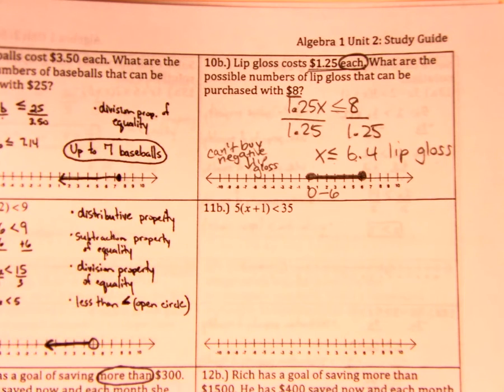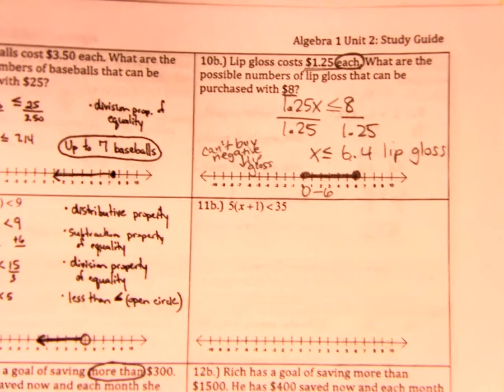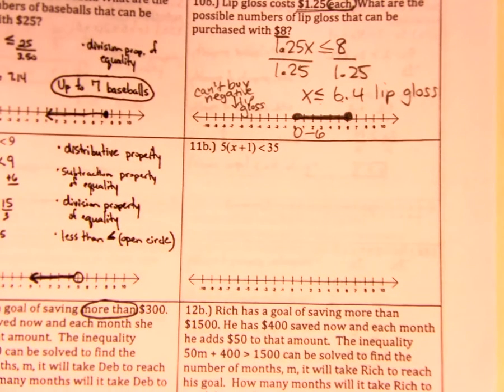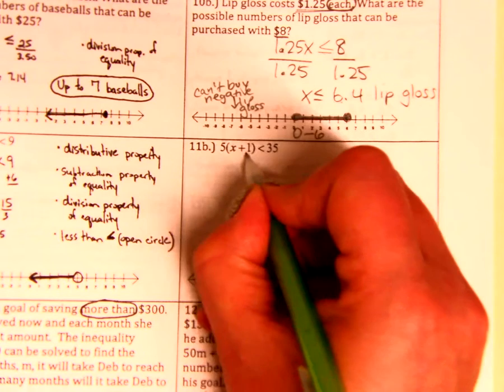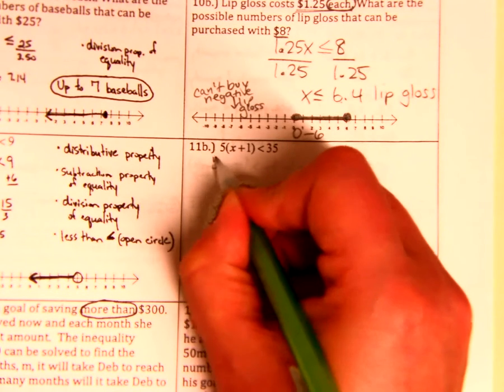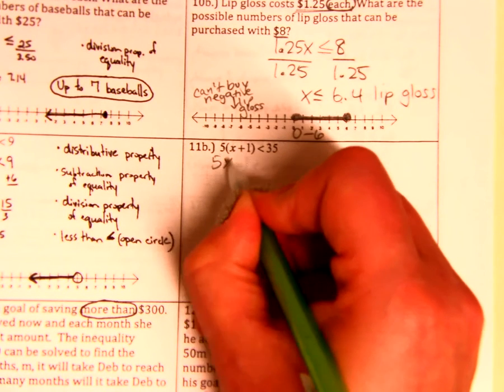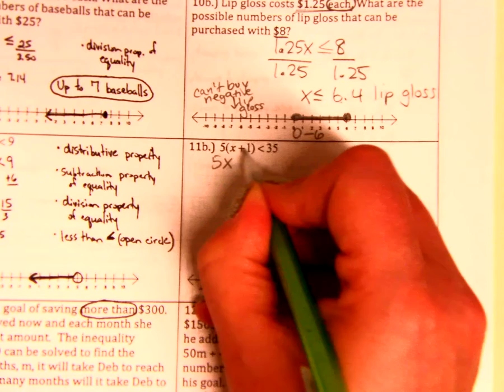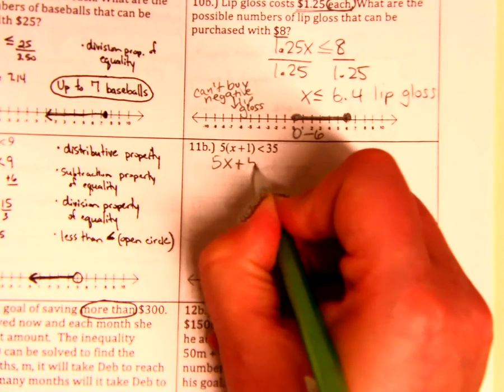All right. Number 11B is going to be a multi-step inequality. We have distributive property, and then we're going to have to do 2 steps after that. So the first thing that we always do is get rid of the parentheses by distributing. 5 times x is 5x. 5 times 1 is positive 5.